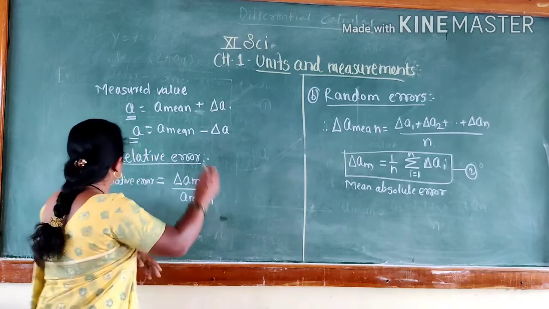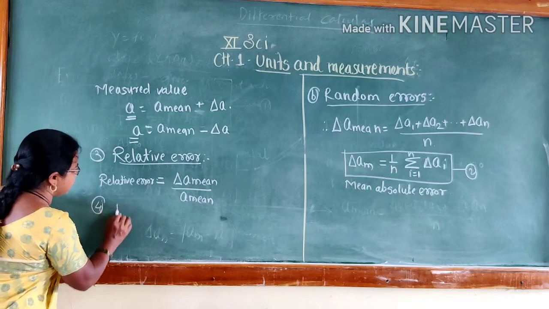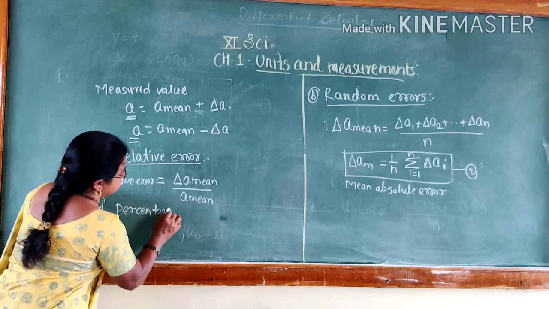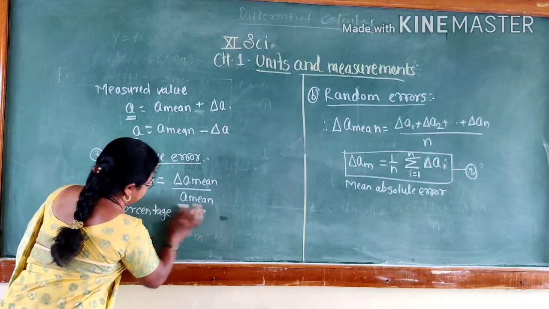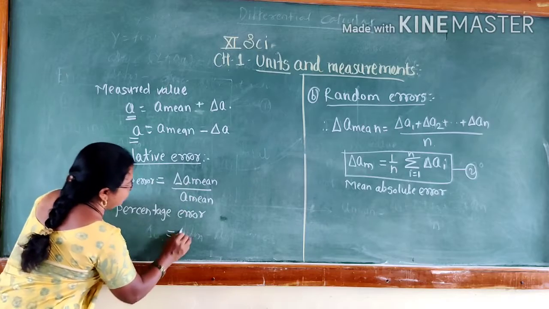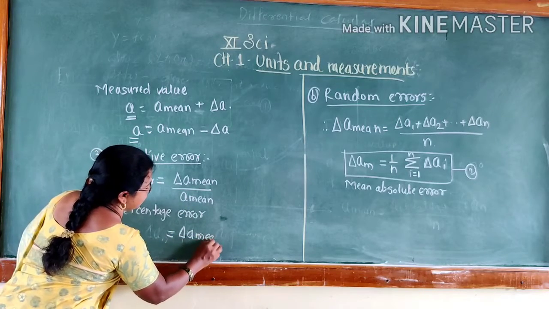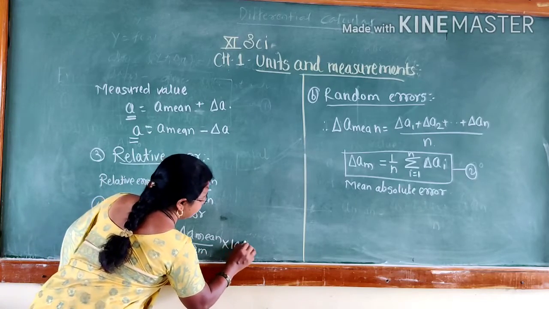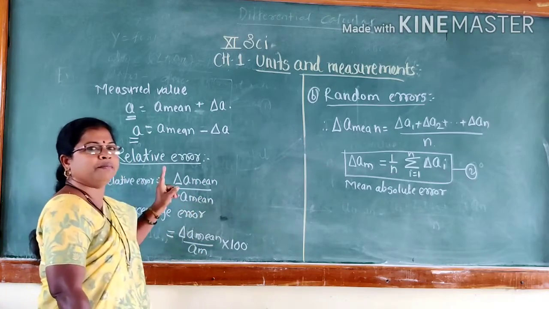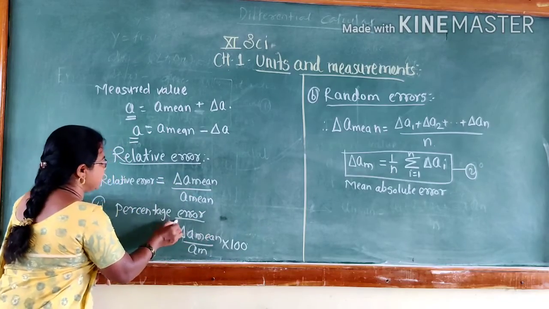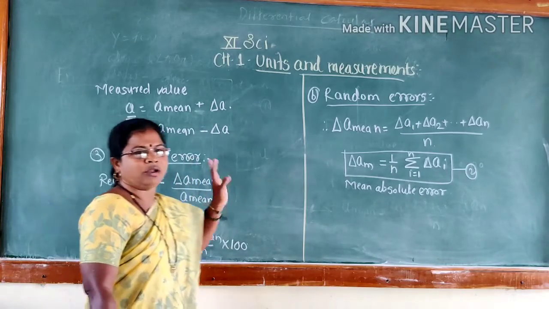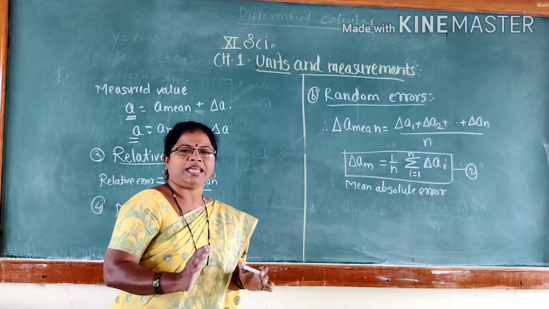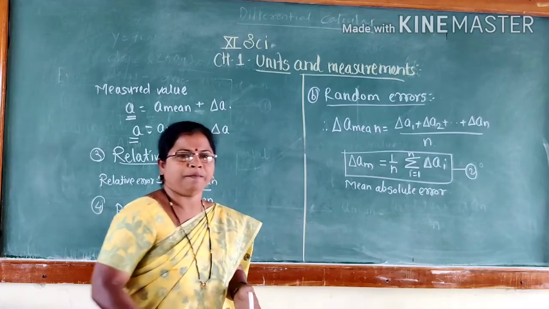And one more, when we find the percentage error, then percentage error is equal to delta A mean divided by the arithmetic mean, into 100. Then this error is converted into percentage error. Okay, these are all the errors which should be considered while taking a measurement. Okay, thank you.